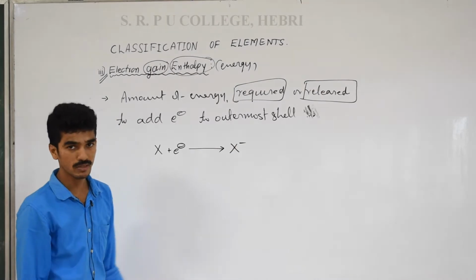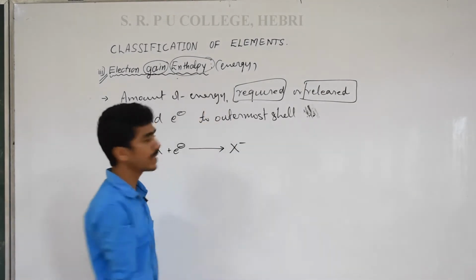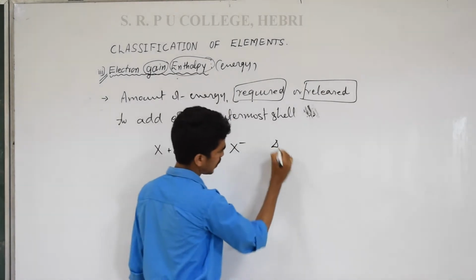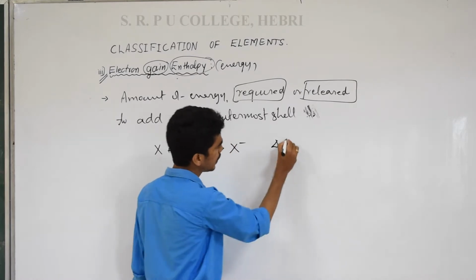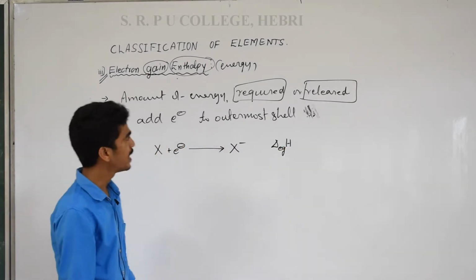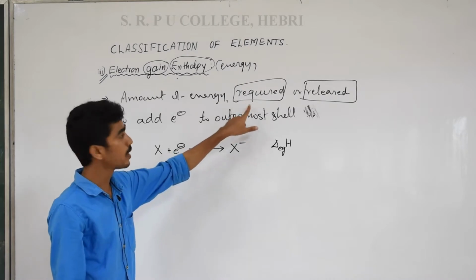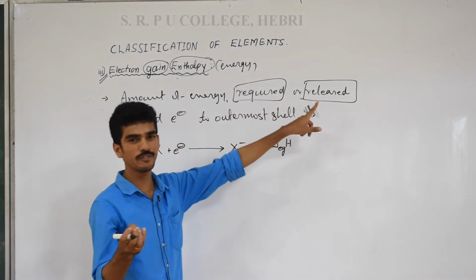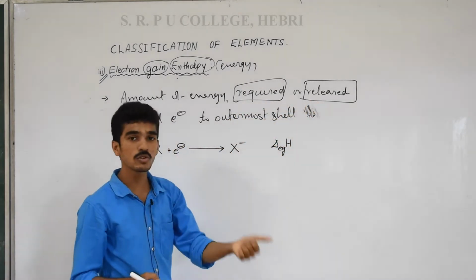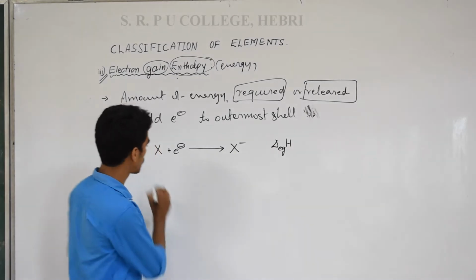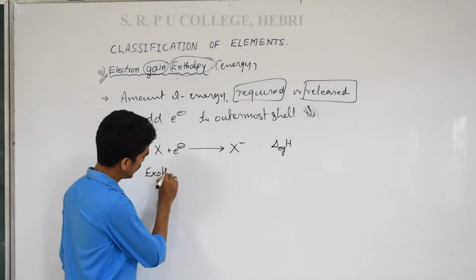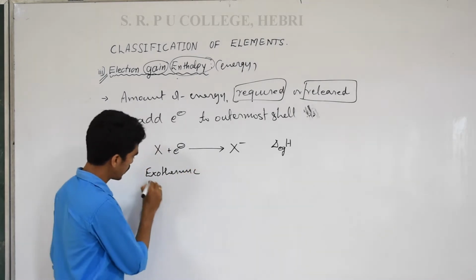The enthalpy of gain is delta EH. This may be required or released, and the physical terms for that are exothermic and endothermic.